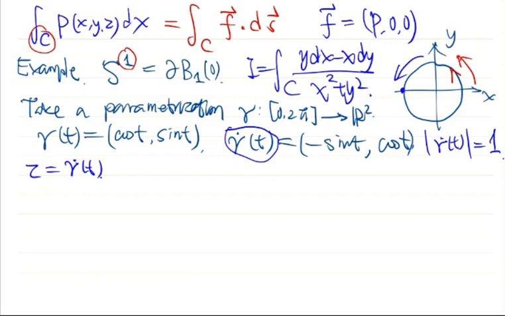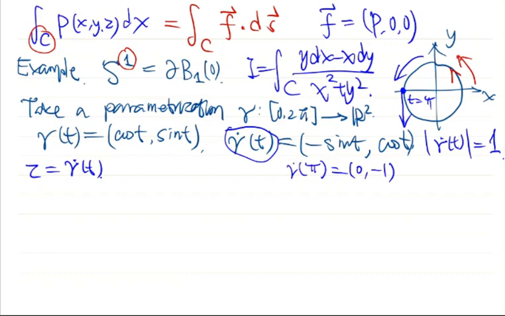For example, at t equals pi, our derivative gives (0, minus 1), and the tangent of our curve at this point also points in this direction. Therefore, this parametrization gamma is consistent with the orientation of the curve.